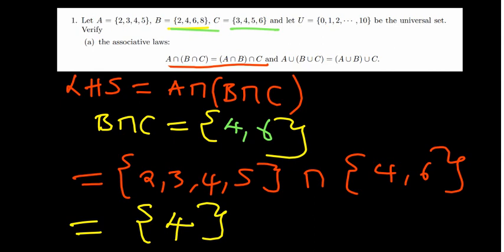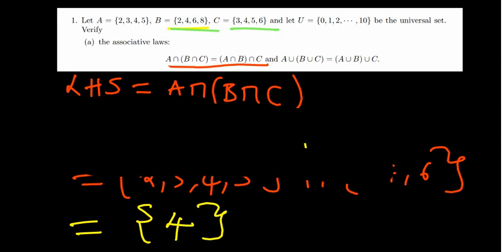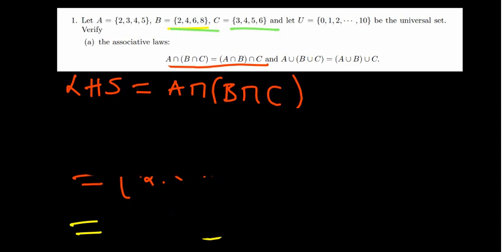I can only see a 4 to be the common element. So that's our left hand side. Any question on how I've simplified the left hand side? No question. So don't forget our solution.